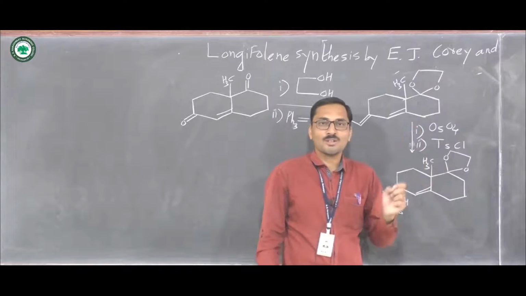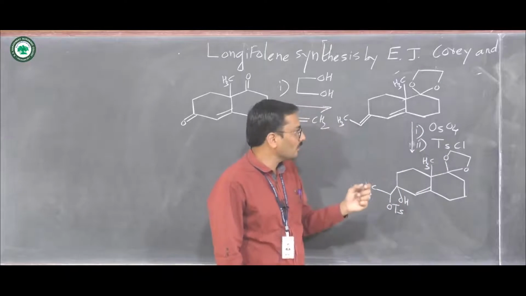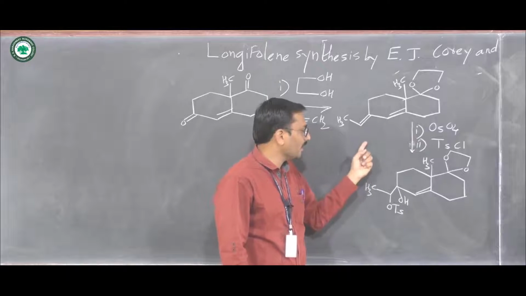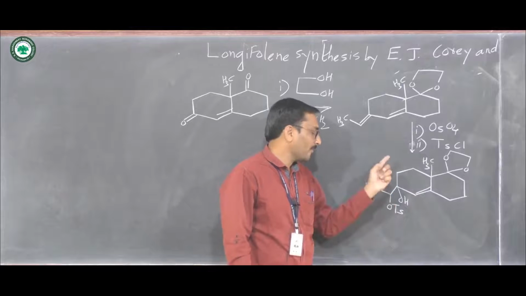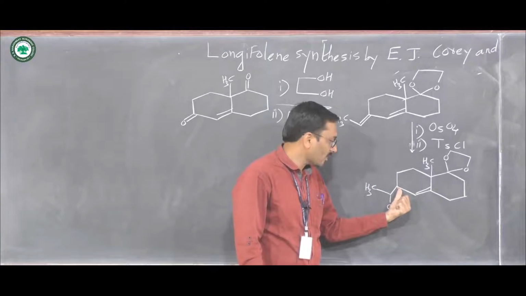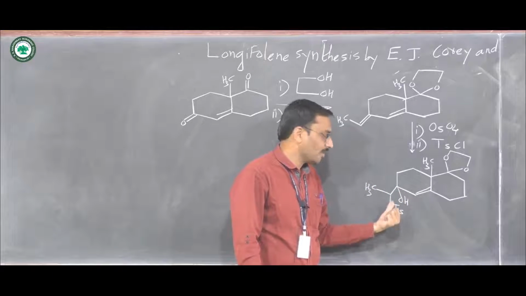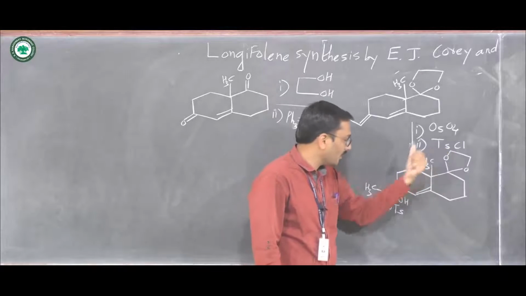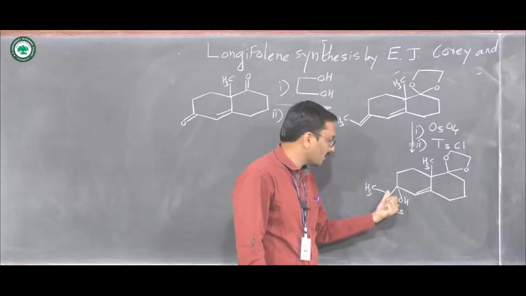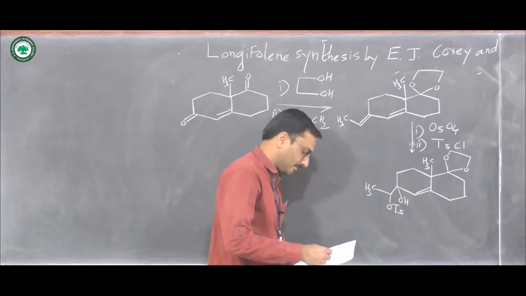This tosyl chloride converts this secondary OH into OTs. So in the presence of tertiary and secondary OH groups, TsCl converts the OH group at this position into OTs.